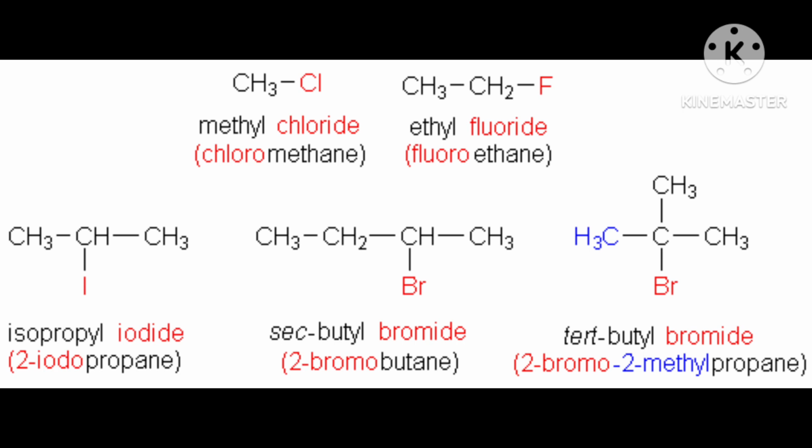Then from that side it will be the second carbon, on which the methyl group is attached. Correct? Bromine you can write, yes, no problem, first carbon you can start with bromine only.